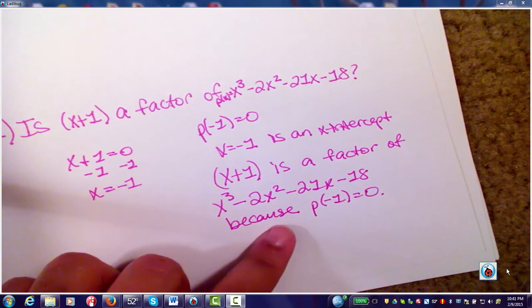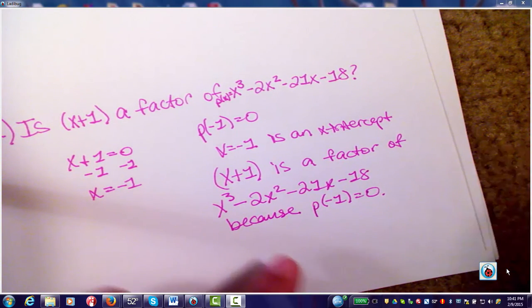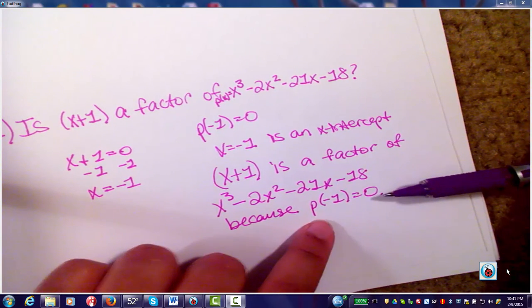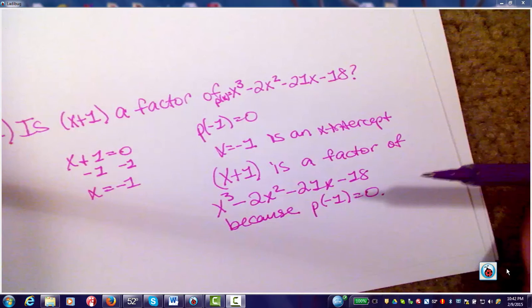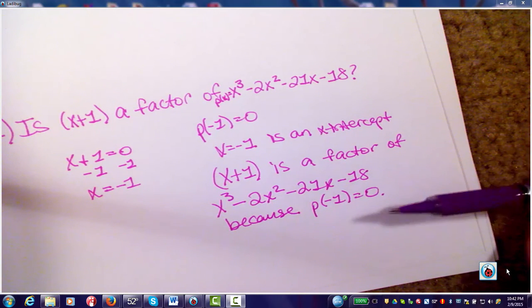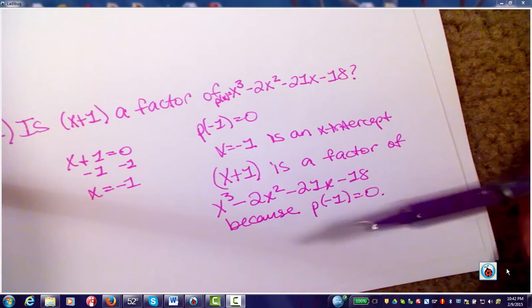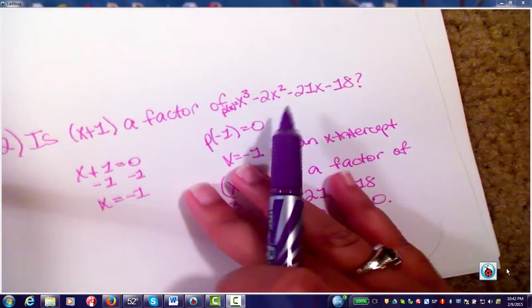So you can see that the remainder theorem and the factor theorem are closely related because we use the remainder theorem to apply the factor theorem. So let's try one last example with the factor theorem.